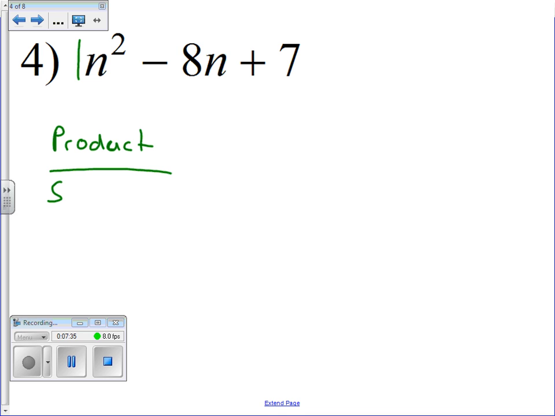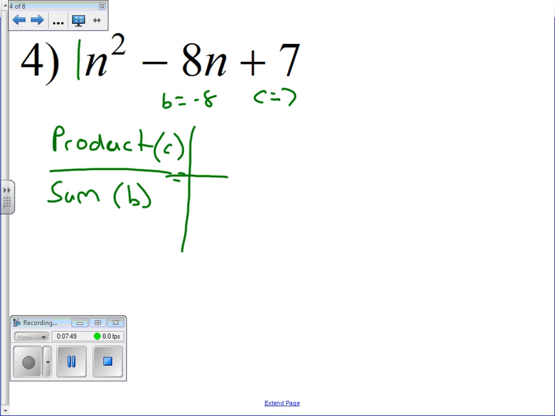I want C and I want B. C for this is 7, B is negative 8, and A is 1. I want two numbers that multiply to give me 7 and add to give me negative 8.